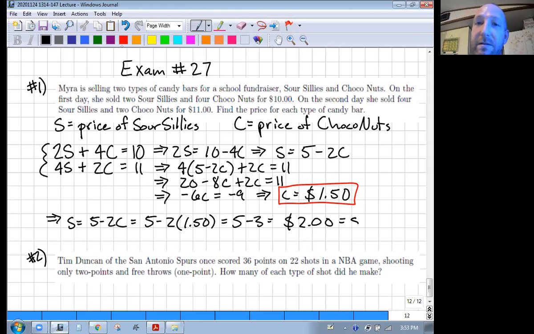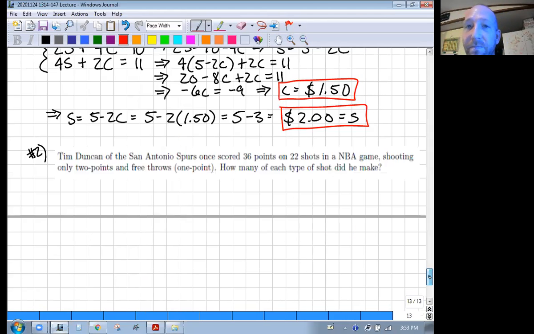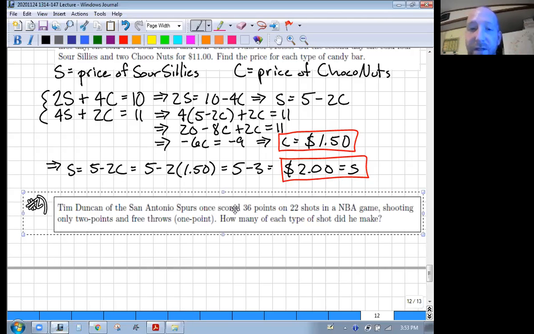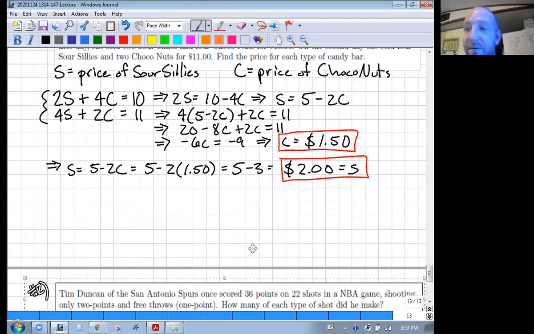That is S. Think y'all can handle these types of problems? You got to get your two equations, and then you substitute one into the other one. I do post the notes right after class, so if you need more time, you can check it out right after class.